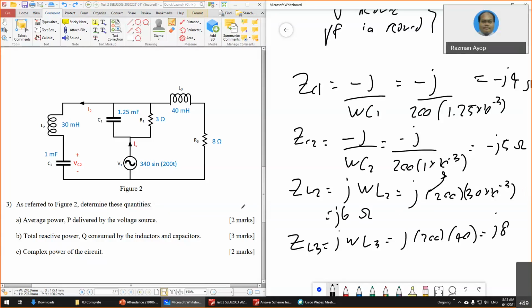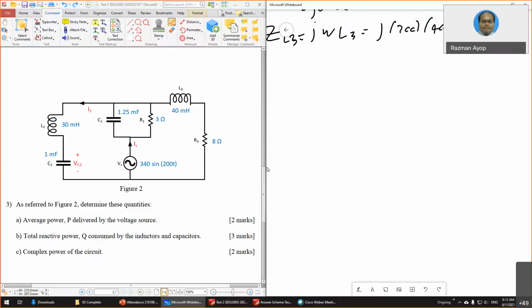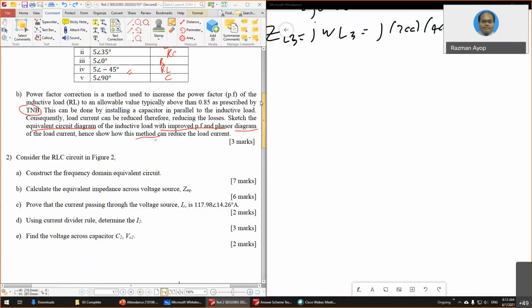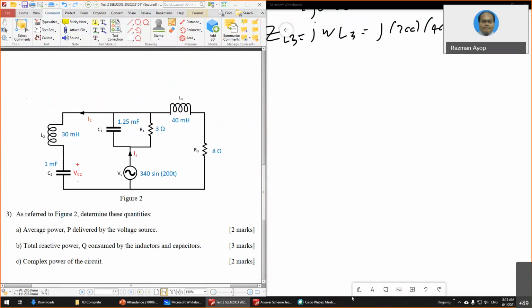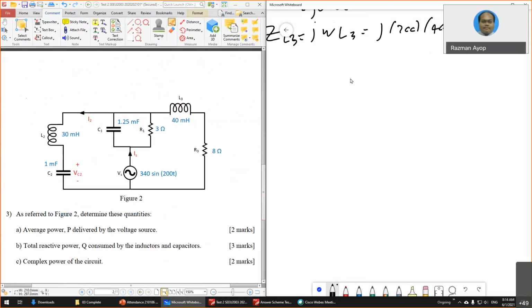After you get that, next you have to draw everything again. When it comes to constructing the frequency domain equivalent circuit, it means that you have to draw again. So draw this circuit again. If you don't draw, you can lose 2 marks. So draw, and don't forget to change the voltage source.